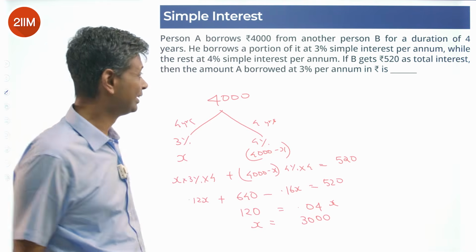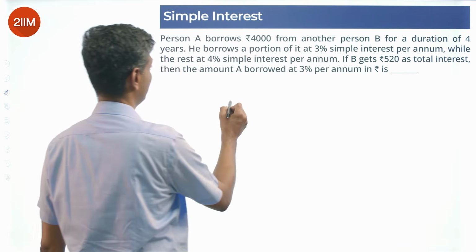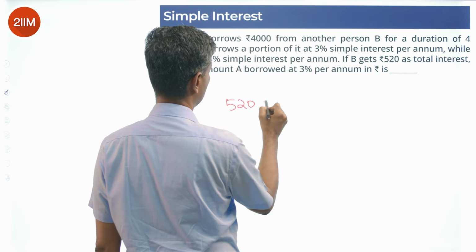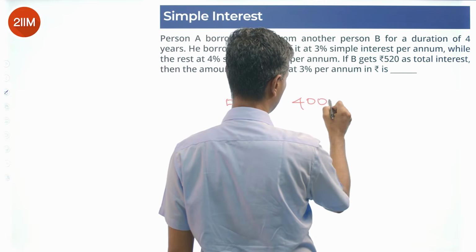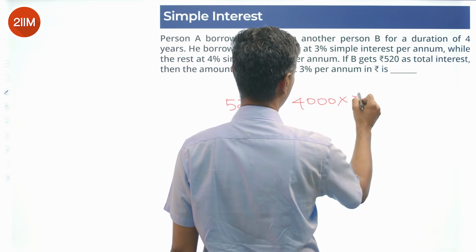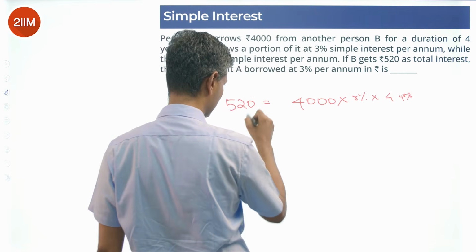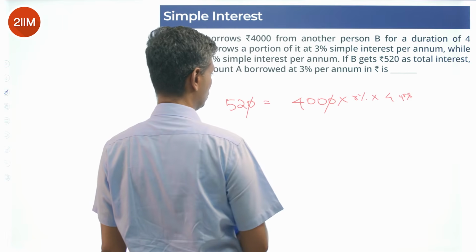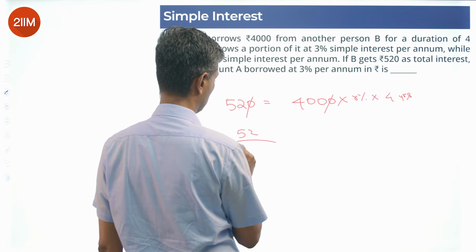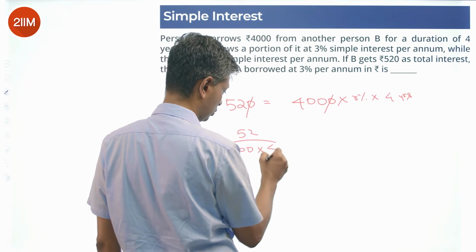Nothing in this. The other way of thinking about it is 520 is the interest. That is 4,000 as a principal into rate of interest into 4 years. Find that rate of interest, which is 52 by 400 into 4.